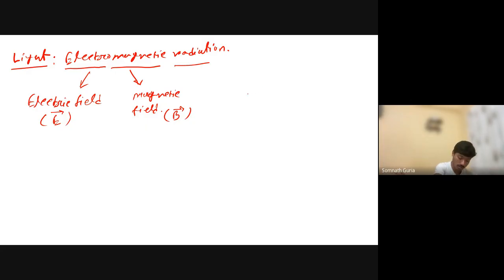So how it looks like: let's suppose this is my electric field, and this will be my magnetic field, and this will be my propagation. This is my E, this is the B, and this is my direction of the light travel.